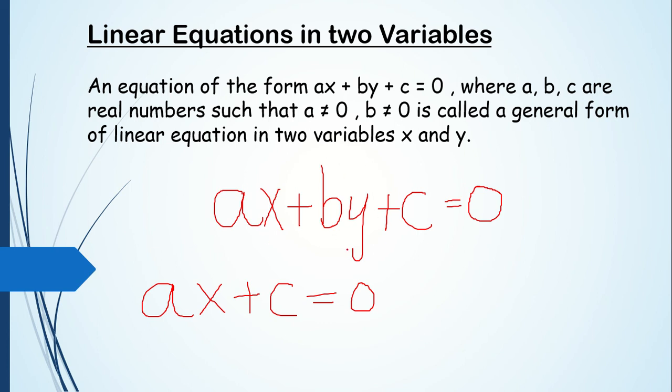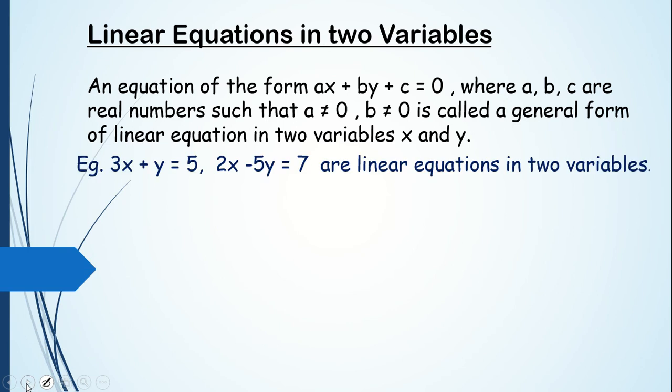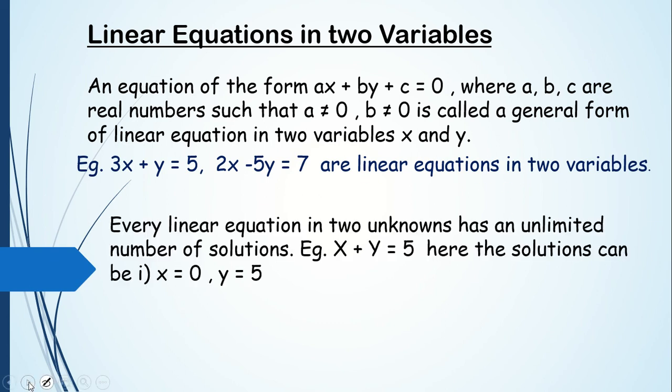So we need to have two variables there, x and y, or any other letters, but two variables have to be there, and since it is linear, the degree or power has to be 1. That's it. So 3x plus y is equal to 5 and 2x minus 5y is equal to 7 are linear equations in two variables.